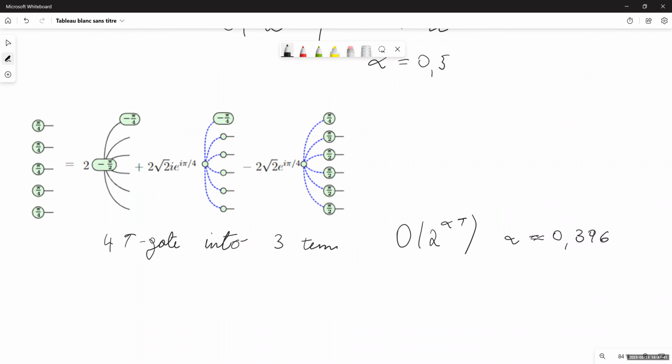I think it's log 3 over 2 or something like that. The log base 2 of 3 over 2, if I remember correctly. Or over 4, actually. Yeah, over 4.